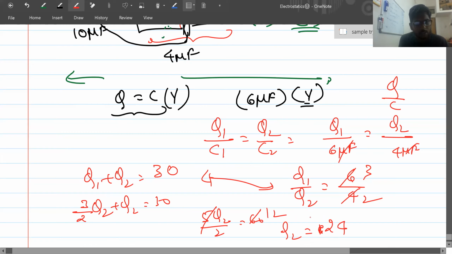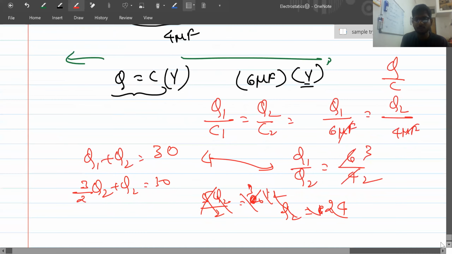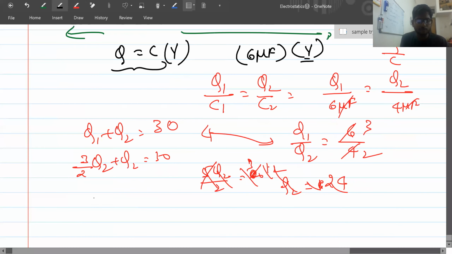That is 5 Q2 by 2 is equal to 30, so 5 Q2 is equal to 60. 5 Q2 by 2 is equal to 30 implies 5 6 times will go. Q2 is equal to 12.